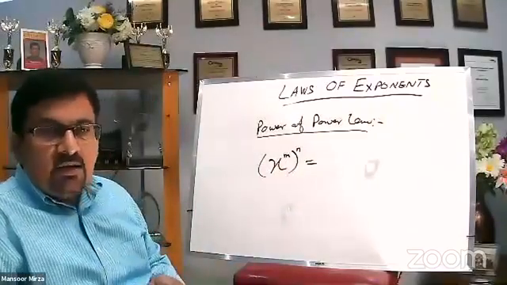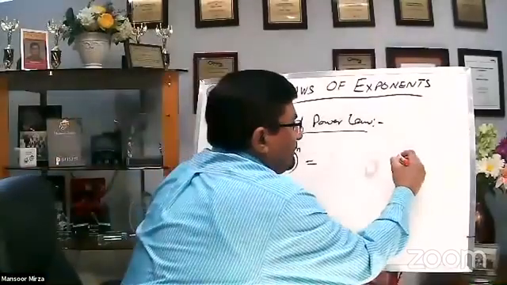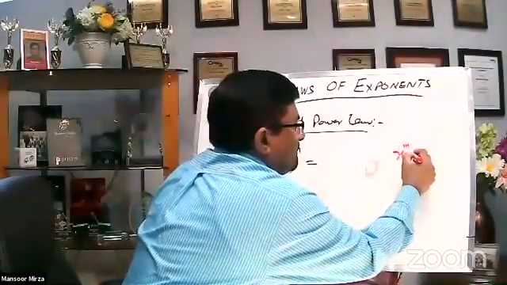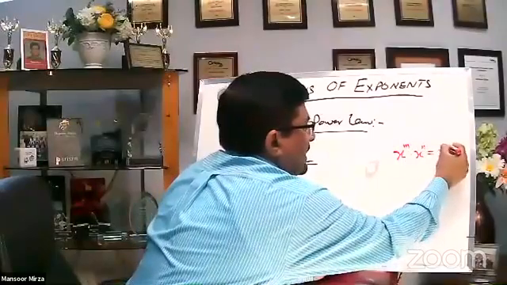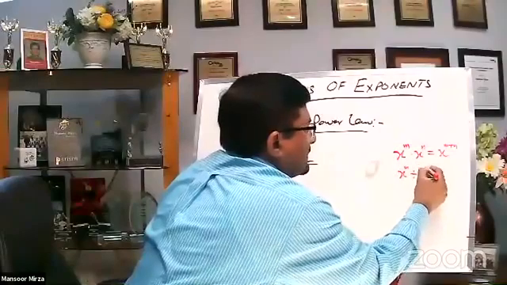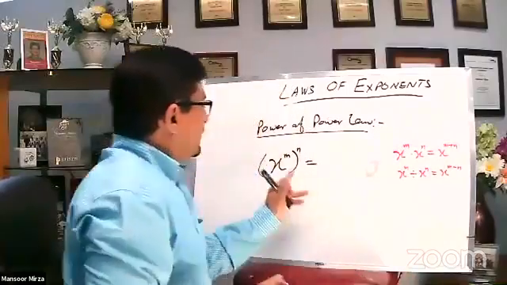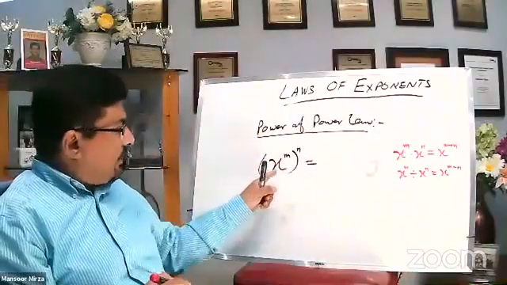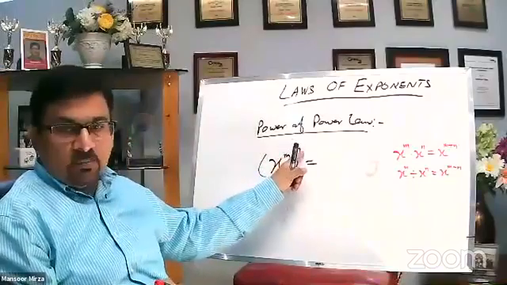Remember, in the first one, the addition one, m and n were written as m plus n. When it was x to the m divided by x to the n, we said m minus n. Now in this case, the base is the same, but we have an exponent, and then another power outside.